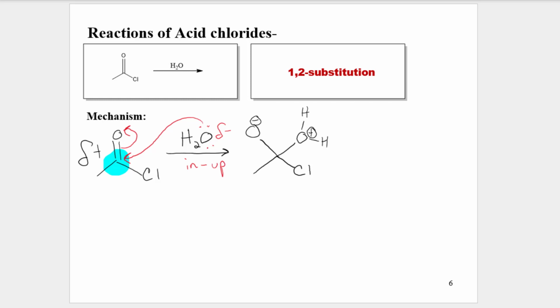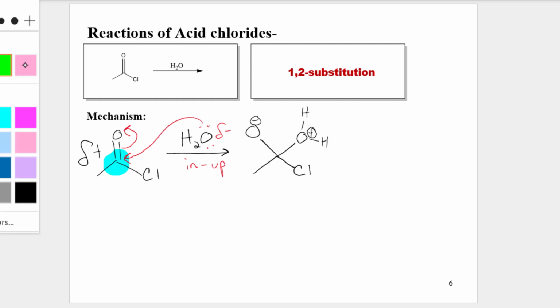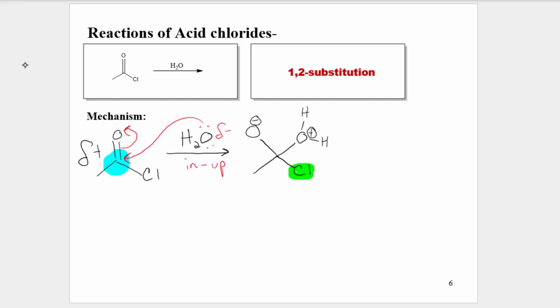Now, the oxygen can come down and out if there is something other than carbon or hydrogen available to push out. So of these two, the chlorine is a fantastic leaving group. And so we're going to continue with this intermediate, having the oxygen push its 2 electrons that it just gained back down, but we're going to kick out the other group, the good leaving group.